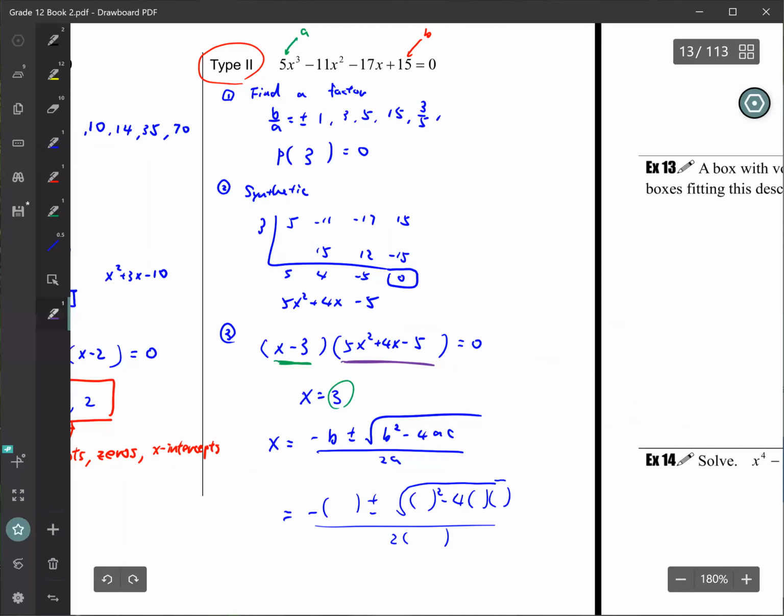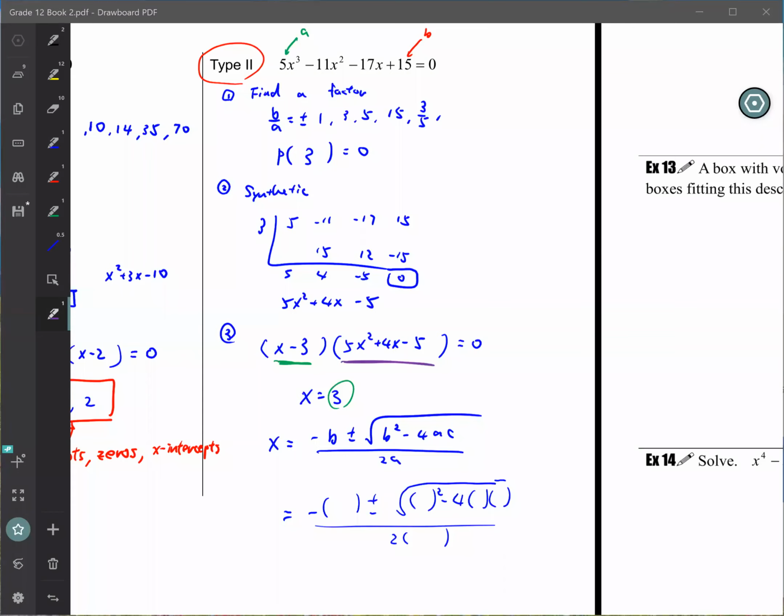So let's check the values. Okay, Cindy, can you tell us what's the value for ABC? A is 5, B is 4, and C is -5. Yep, very good. Okay, so please plug it in and simplify the things in the radical, okay?